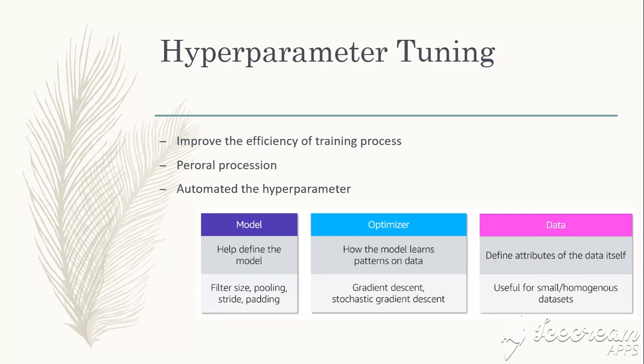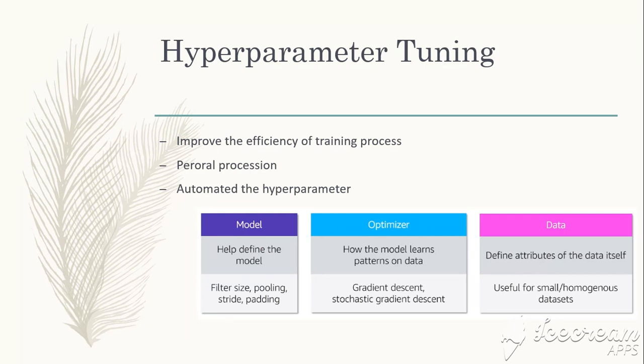The parallel processing means that when you're doing the training process, you can do it in parallel. You are not going to execute each data one by one. You are going to execute your training data in parallel, as a batch.